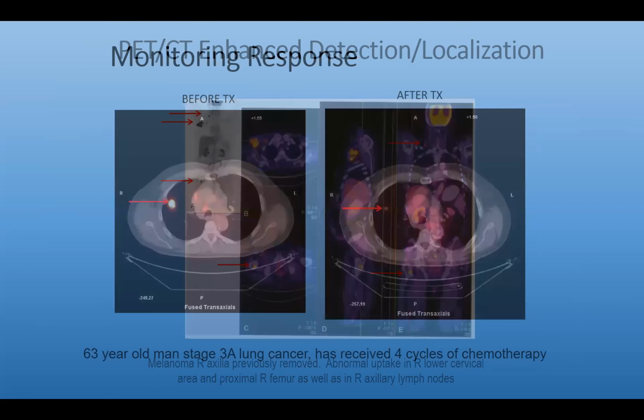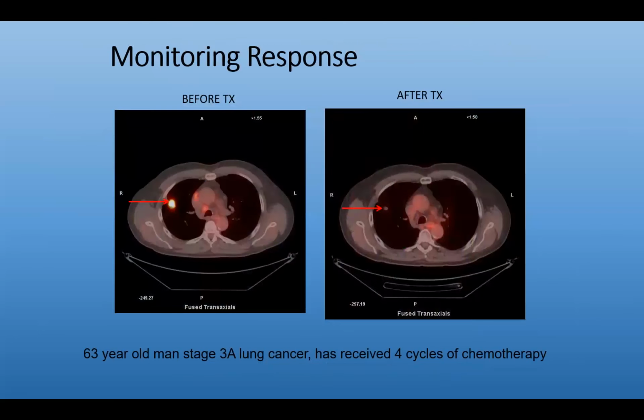PET can be used for monitoring response to treatment. This is a 63-year-old male, stage 3A lung cancer, who had received 4 cycles of chemotherapy. This is his PET scan before treatment. You can see quite intense uptake in this lung lesion.